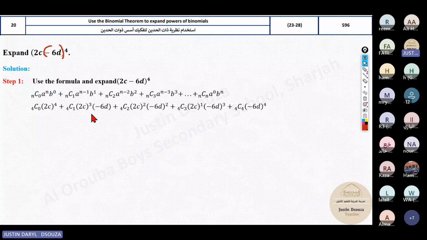You might think, okay, I'm not going to forget, but generally many students might forget this. So be careful. You might notice when you double check it later, but whenever you have binomial problems, look at this: is there a negative sign? Be very careful. The negative sign will dissolve if the power is even.